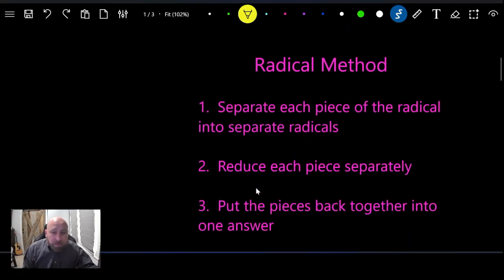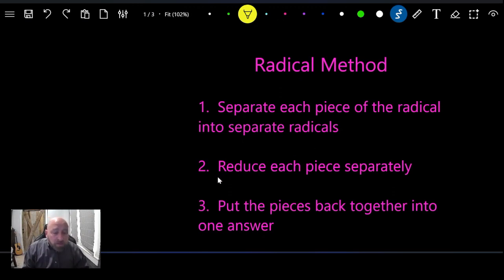All right, so first method, the radical method. We want to separate each piece of the radical into separate radicals. So if the radical has a number and a letter, we're going to separate the two. If it has one letter like X and another letter like Y, we're going to separate the X and the Y. Okay, so we're going to make a brand new problem with everything separated into individual pieces.